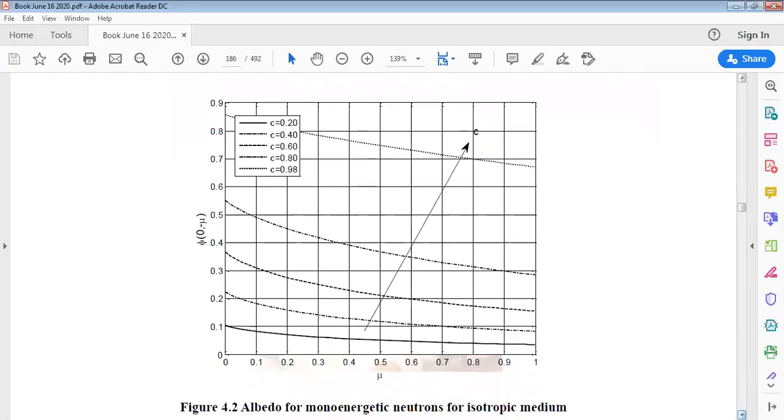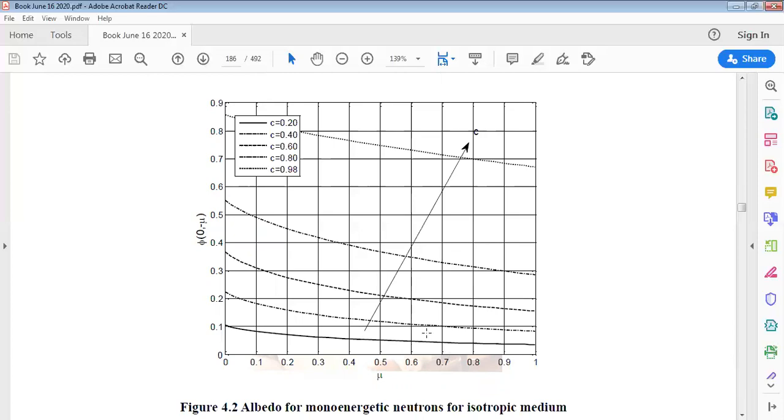So if you plot angle versus the emergent flux as a function of the parameter c, which is the scattering probability, then down here what you've got are low values of c, which means you've got an absorber. An absorber absorbs a lot and doesn't send a lot back.